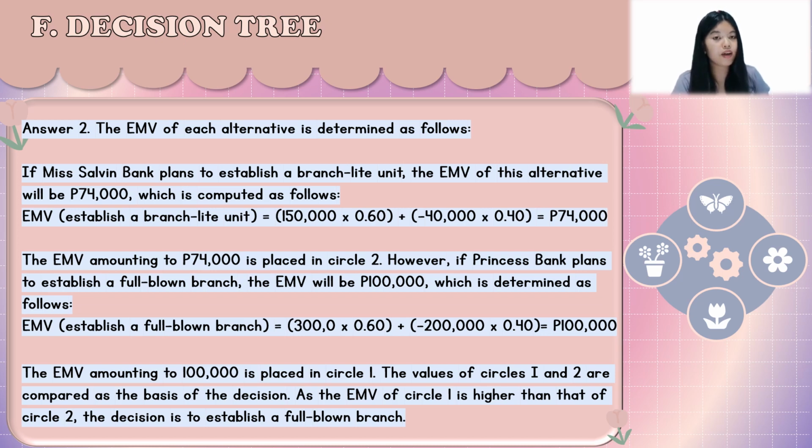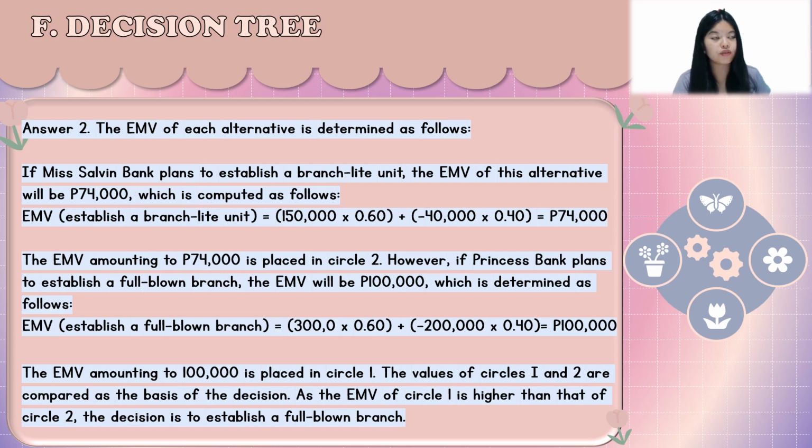And then, if ever naman nagagamit si Ms. Salbenbank ng full-blown branch, he will get 100,000. Paano niya kinuha yung 100,000? EMV, establish a full-blown branch, is equal to 300,000 multiplied by 0.60 ng favorable market condition plus negative 200,000 times 0.40 ng unfavorable market condition. So, meron siyang 100,000. This 100,000 naman ngayon ay mapupunta sa chance node number 1.